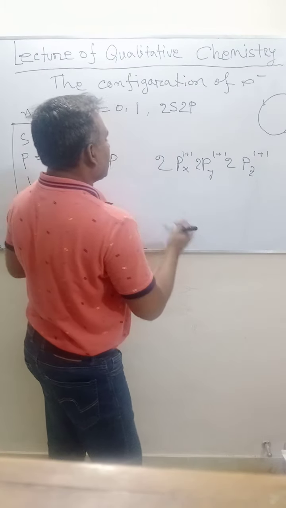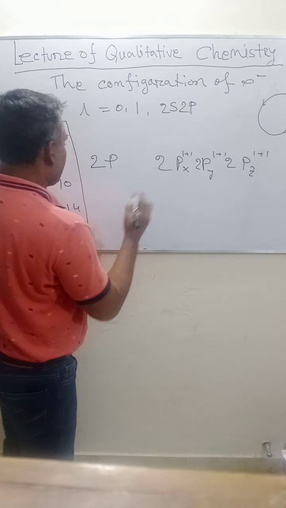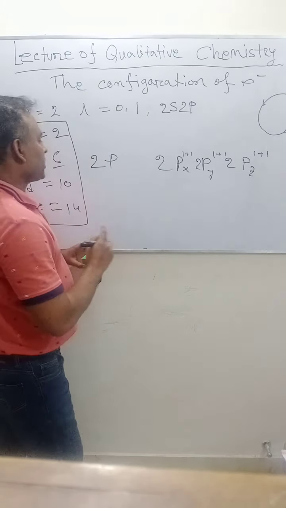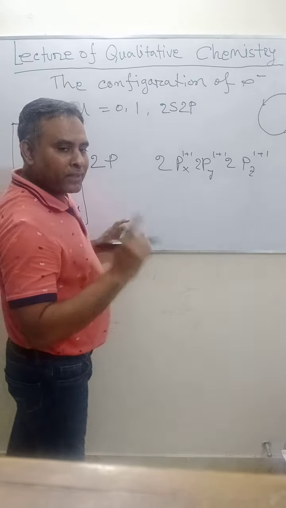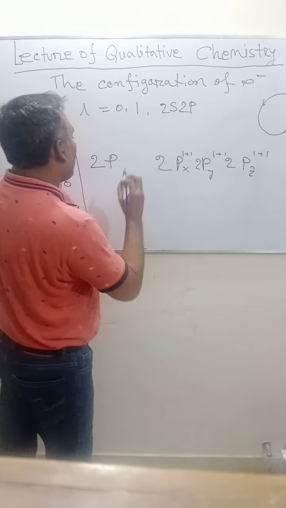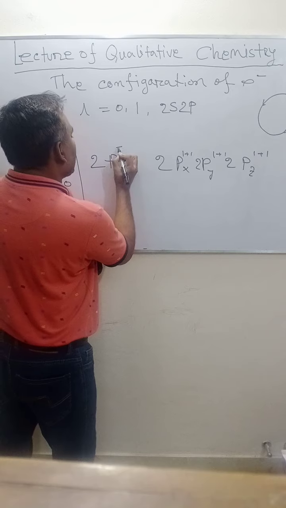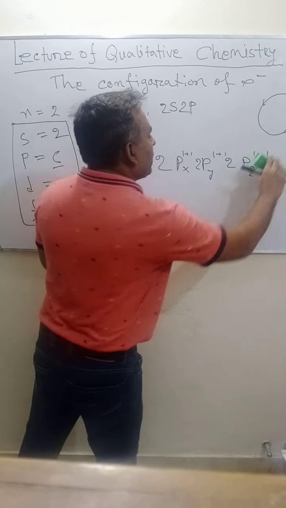Clear? That means during the configuration of the electrons, when you have 5 electrons here, what will you do?